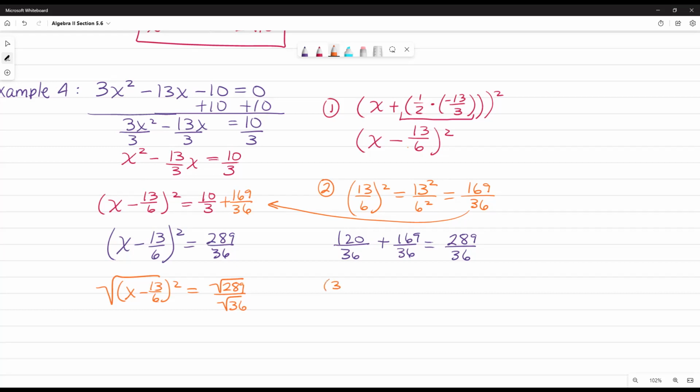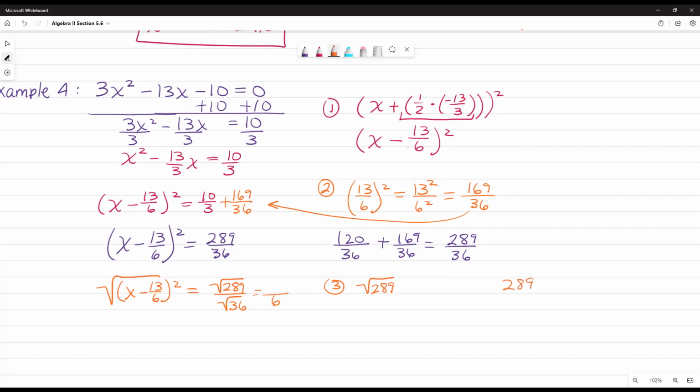So this third part is we need to simplify the square root of 289 over 36. We know that the square root of 36 puts 6 in the denominator. We need to figure out what is the square root of 289.